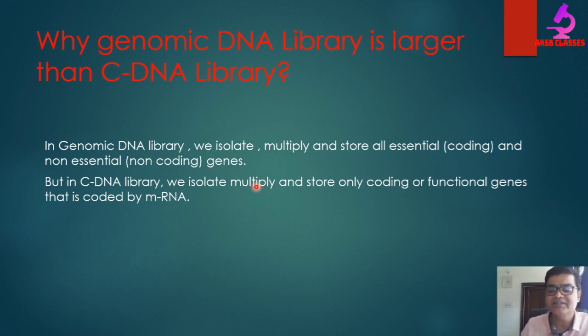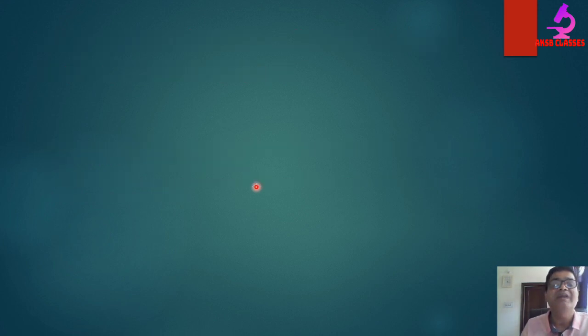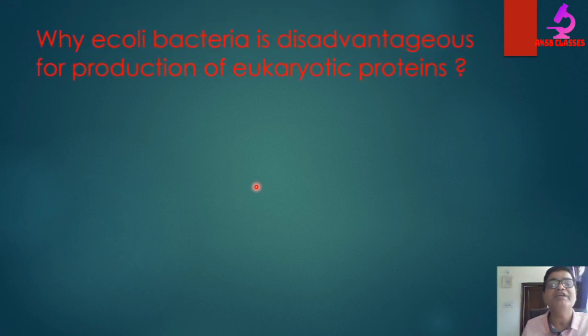Next query is, why is E. coli bacteria disadvantageous for production of eukaryotic proteins? You know, there is a prokaryotic system and a eukaryotic system.